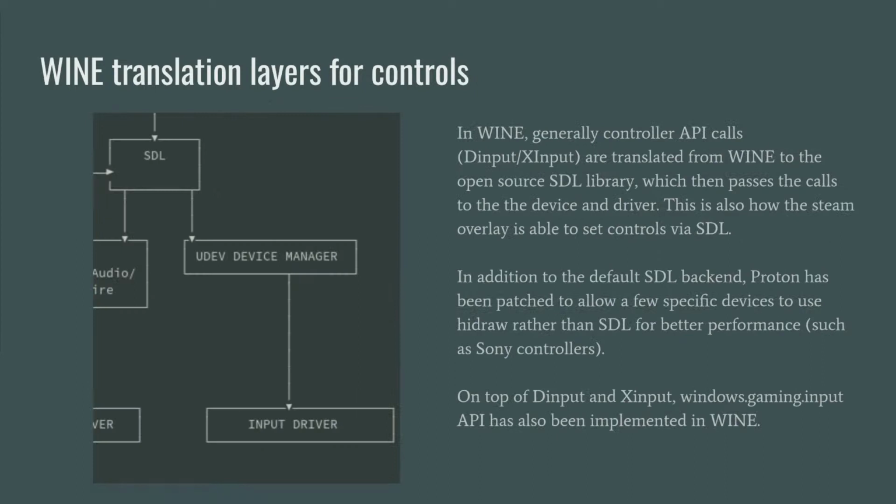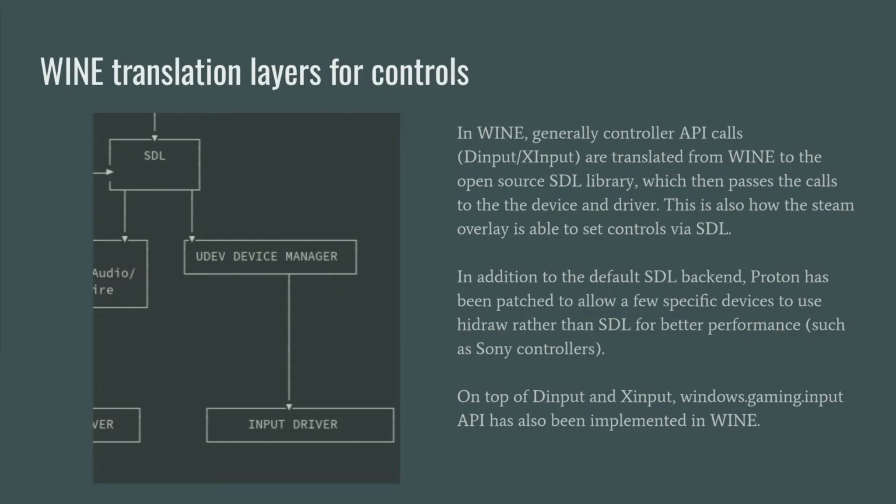Wine translation layers for controls, controller inputs. Generally, Proton specifically uses SDL as backend. Generally, controller API calls are translated from Wine to the open source SDL library, which then passes the calls to the device and the driver.